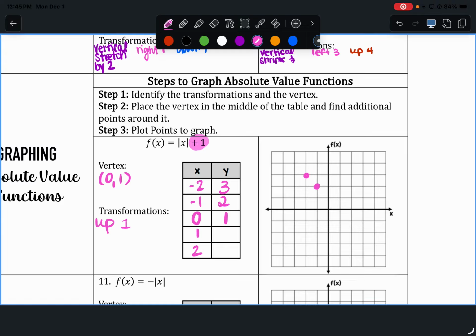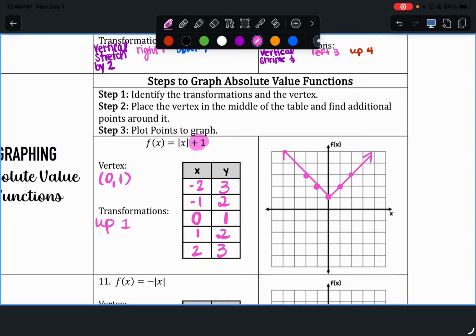Okay, we already know our vertex. What is that? 0, 1. If I plug in 1, what's the absolute value of 1? +1? What's the absolute value of 2? 2 plus 1 is 3. And we have our graph.